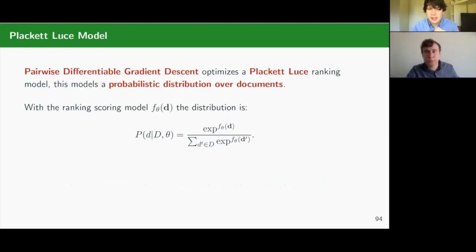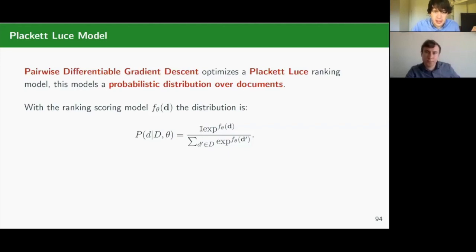It's based on a Plackett-Luce ranking model, which is a probabilistic distribution over documents. This means that we have a ranking model as we've seen so far, but during learning, we're going to turn that into a probability distribution. Basically what we're using here is a softmax function, but its older name would be a Plackett-Luce model.